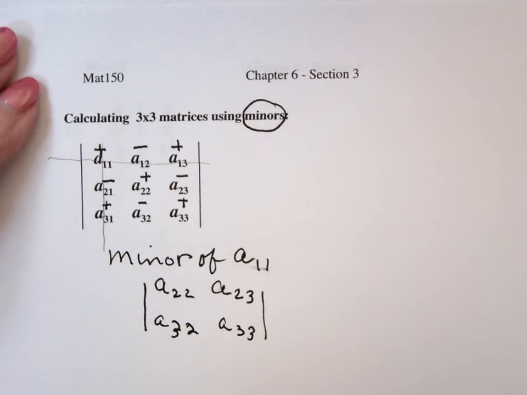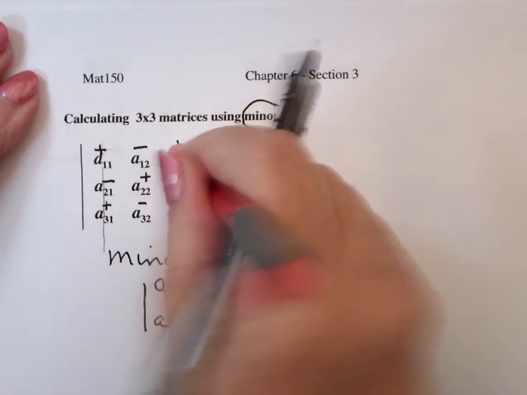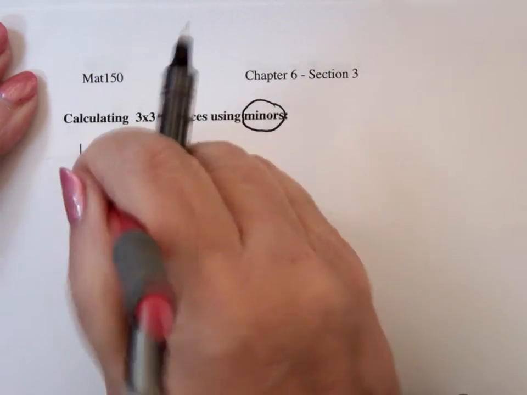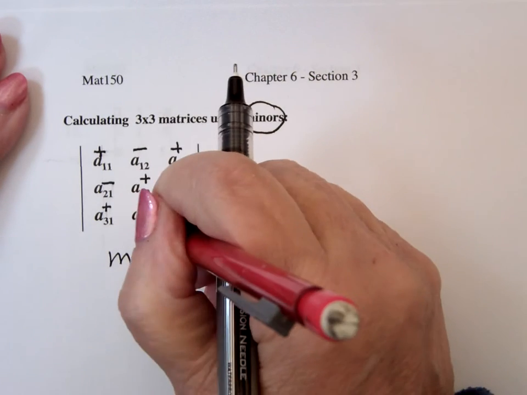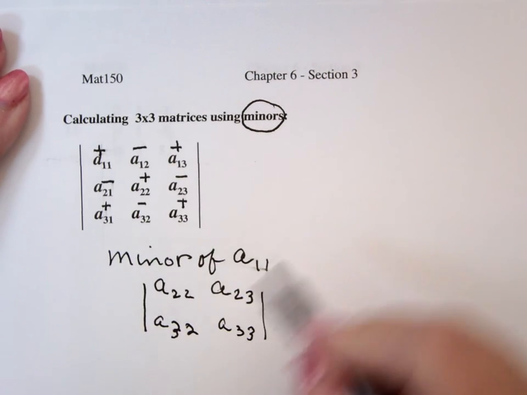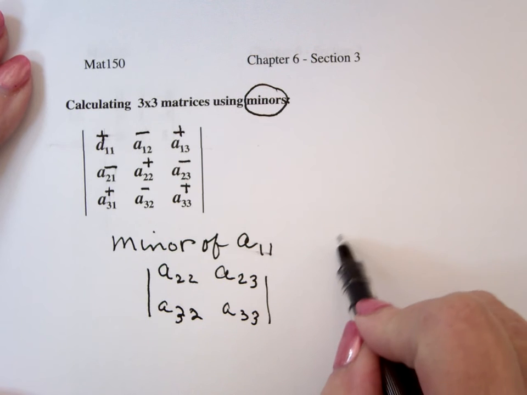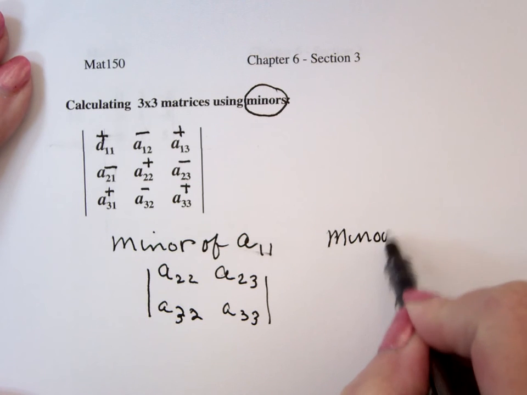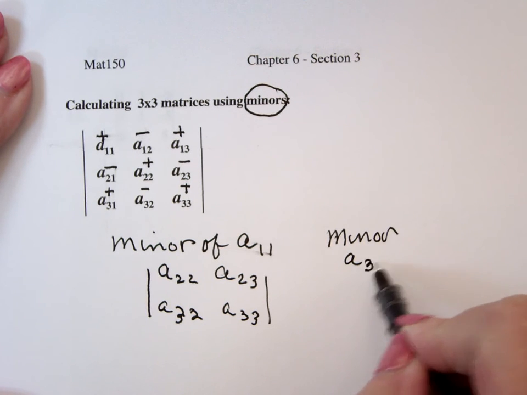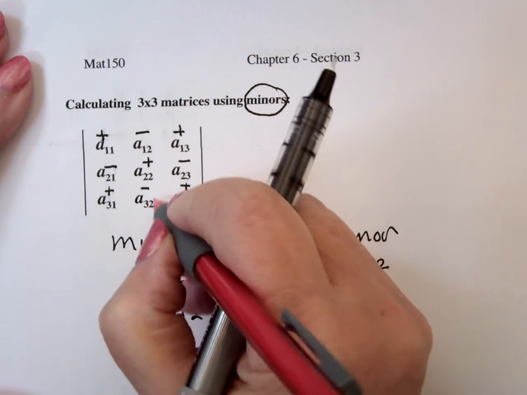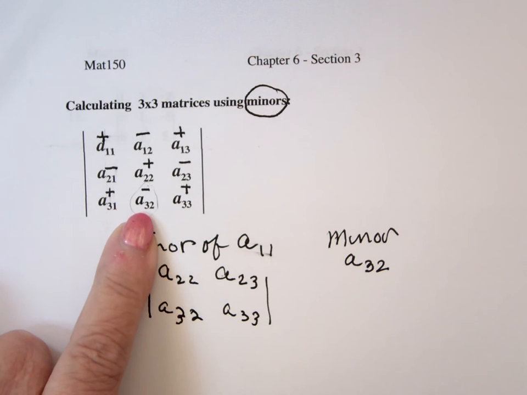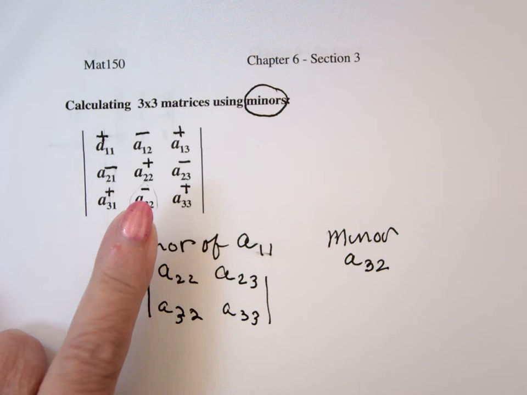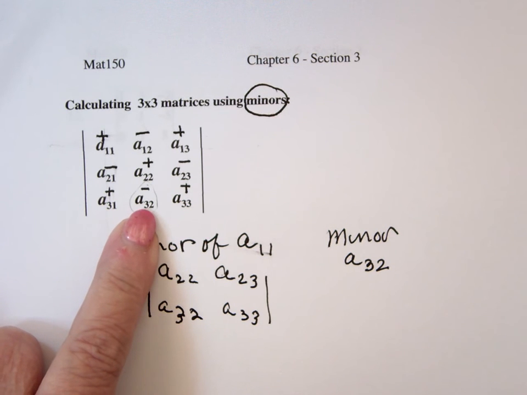Now, what is the minor of A32? I'm going to erase this thing right here, and that's why I wanted to do it in pencil. Minor of A32, that's this guy right here. And by the way, with the minus above it, you're going to subtract that minor, or the value associated with that minor.